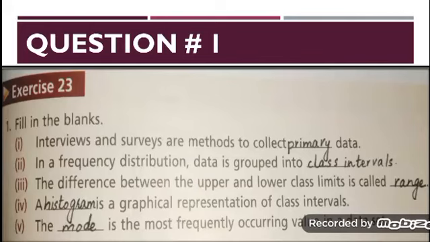Statement 4 is: a dash is a graphical representation of class intervals. Histogram is a graphical representation of class intervals. If we represent the frequency distribution table in the form of a graph, then that graph is known as a histogram. Histogram is similar to a bar graph. Fifth one: the dash is the most frequently occurring value in a data set, and that value is known as mode.